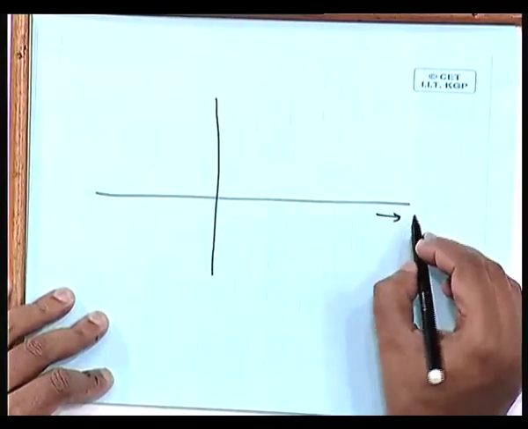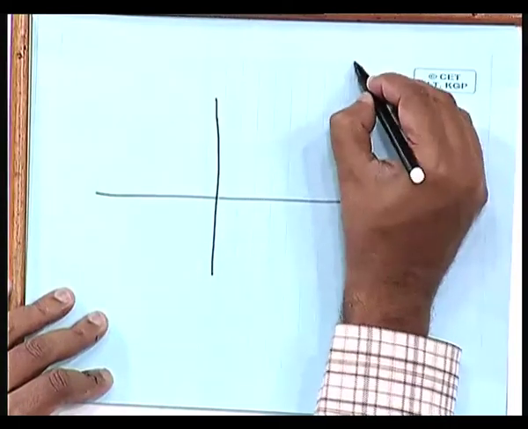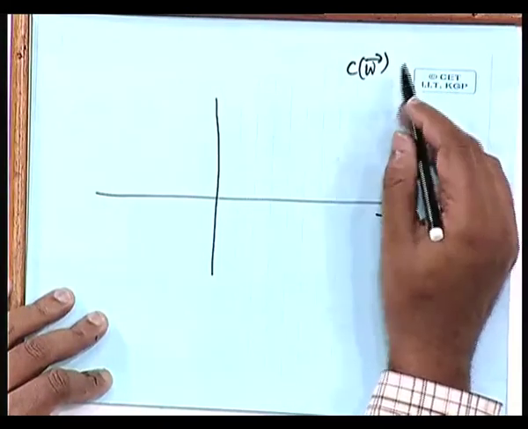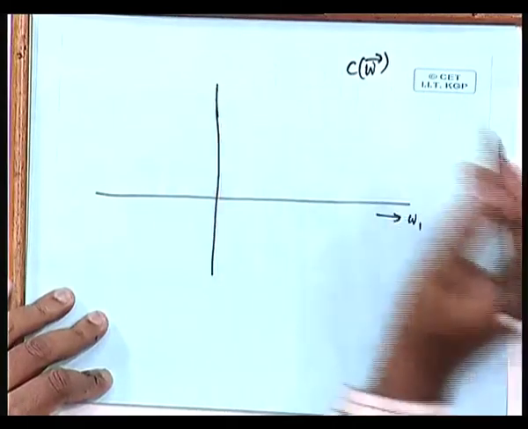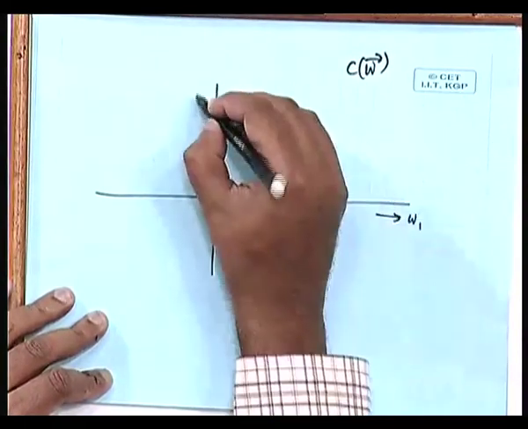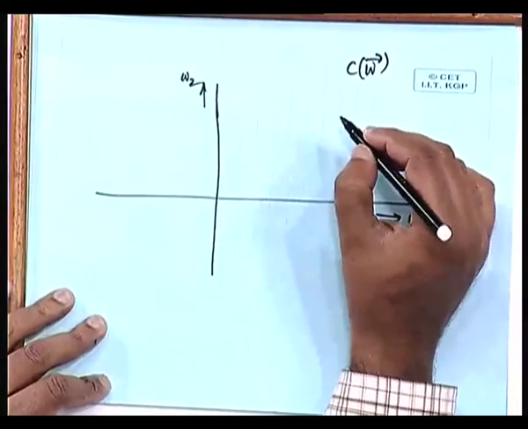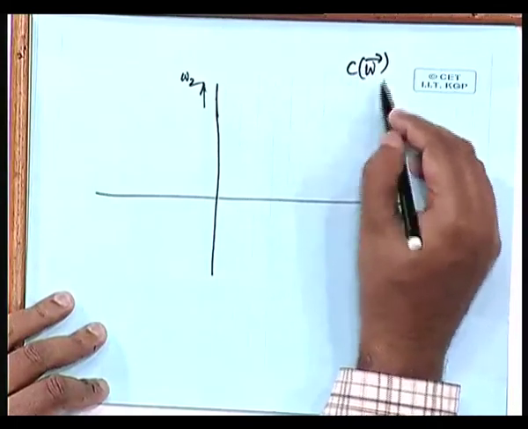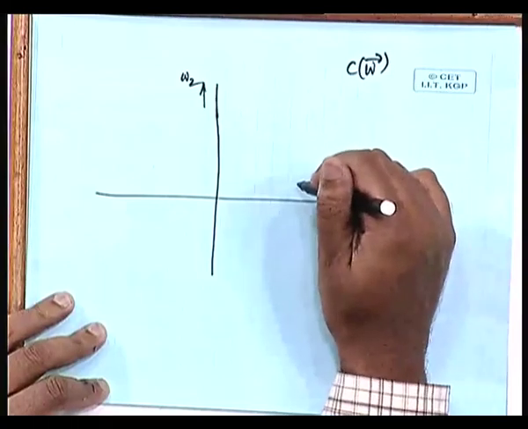Since we are bothered about the cost as a function of W, we must consider the elements of this W vector, and as a very simple case we take a perceptron network which has only two free parameters, W1 and W2.